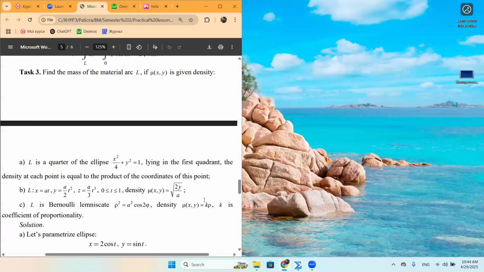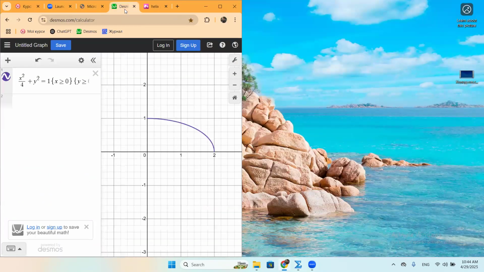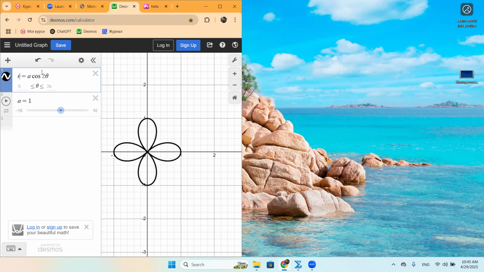And what about the Bernoulli lemniscate? First of all, let's assign limits of integration. Rho equals a square root of cosine of 2 phi, only the explicit form.